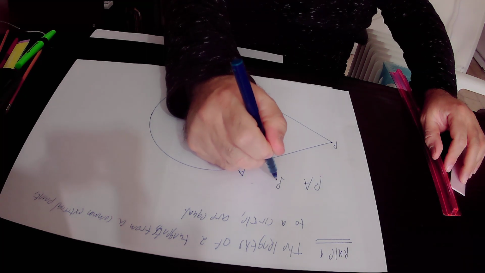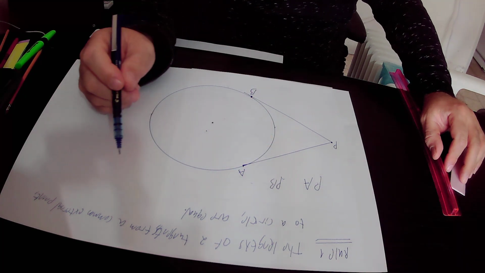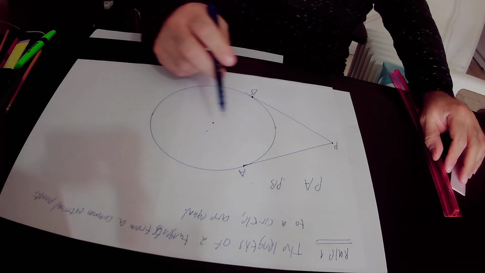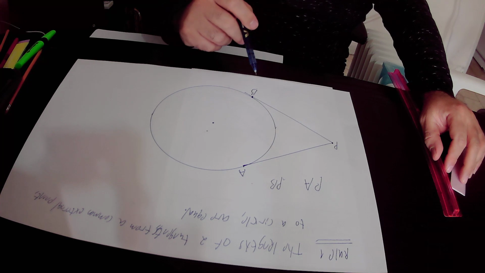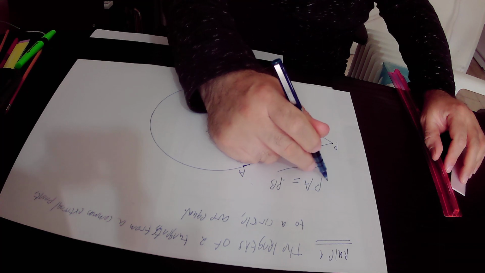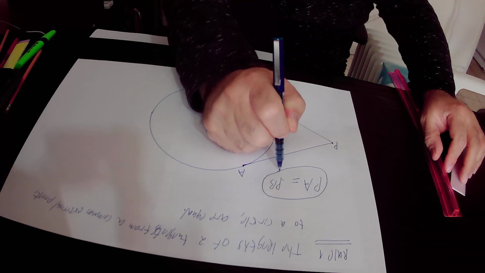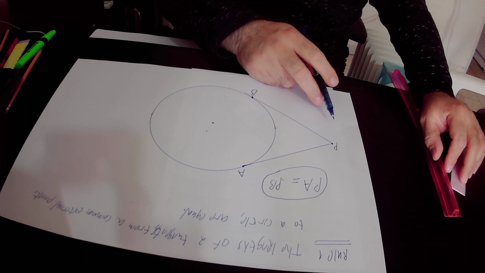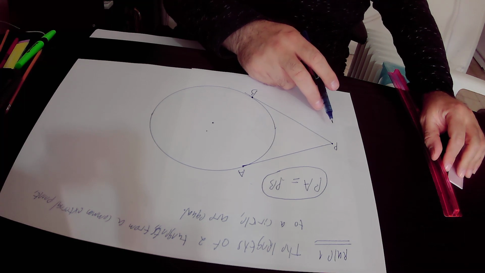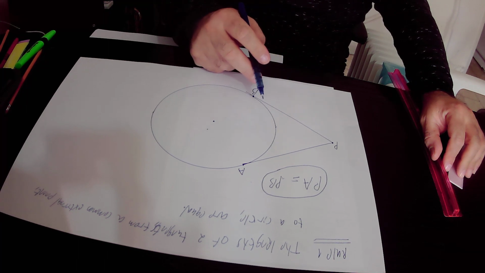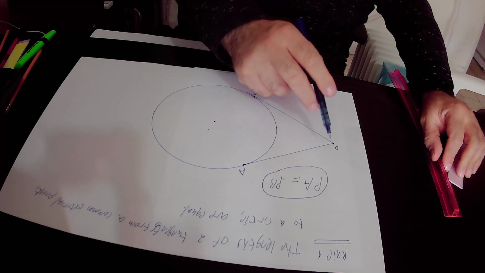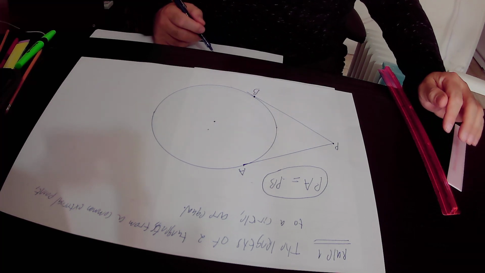Then according to rule number 1, the lengths of two tangents from a common external point P to the circle, to points A and B, are equal. That is to say PA equals PB. So whenever you draw two tangents to a circle from a common external point, like in this case from point P, then the length of those two tangents will be equal to each other. That is to say PA equals PB.